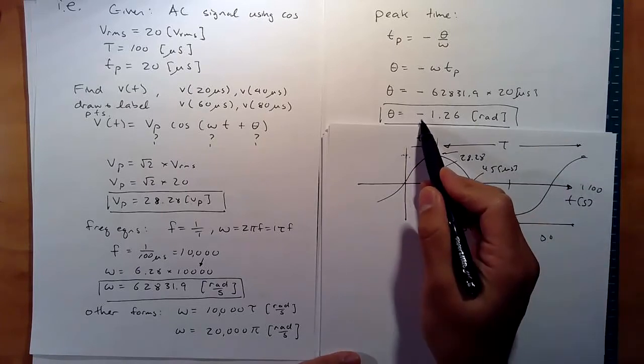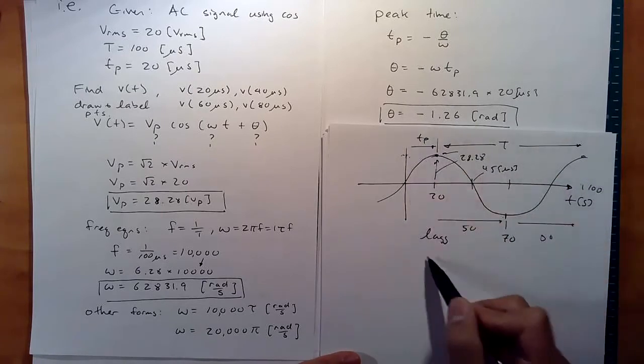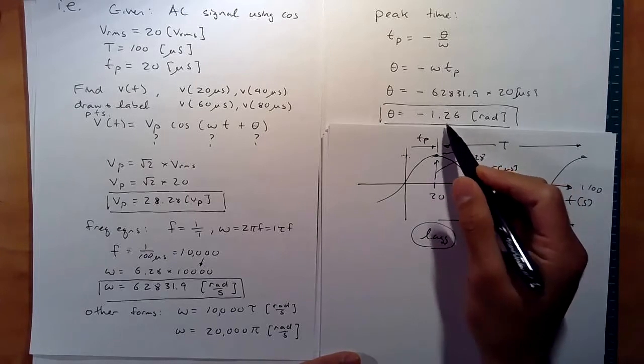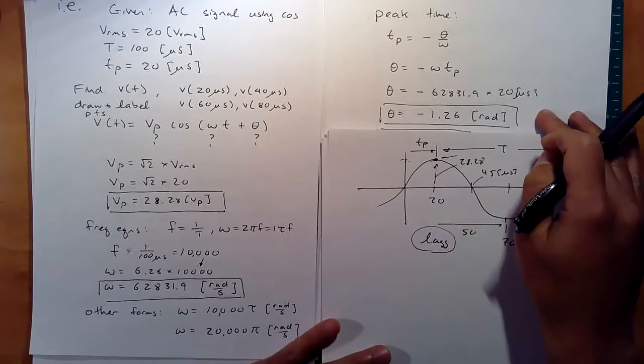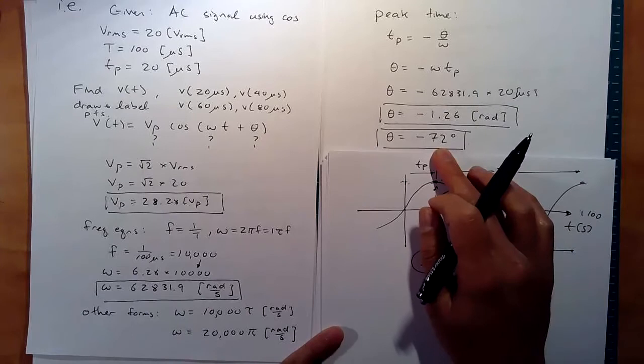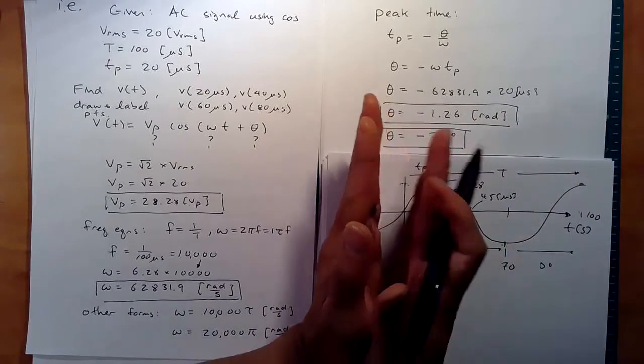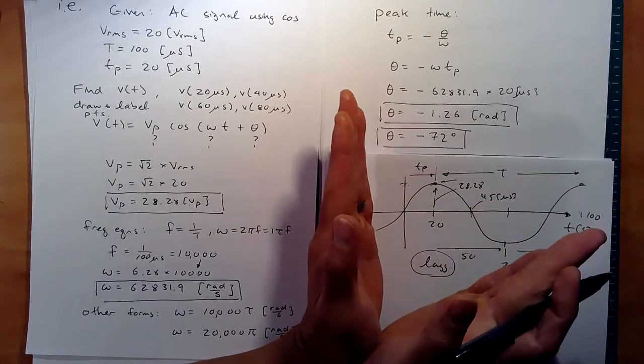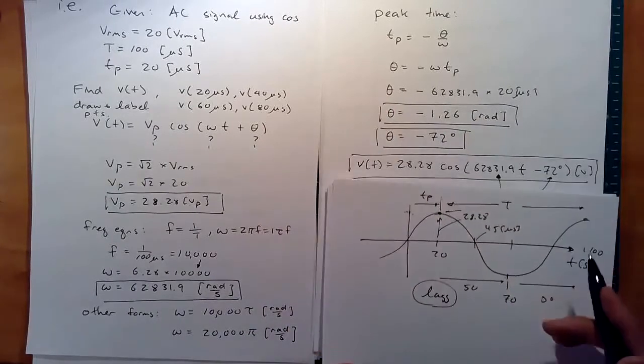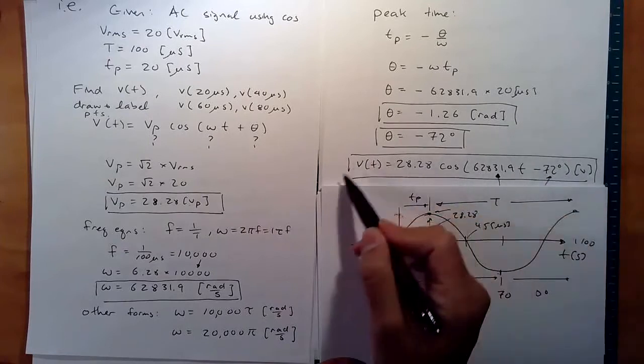Notice it's a negative number, so this thing's going to be lagging, right? Good, we get confirmation. If I wanted to convert it to degrees, I could, and yep, 72 degrees. Does that make sense? So this is 60, a little bit more, 72, good. And then we just punch it in. So this would be your form.